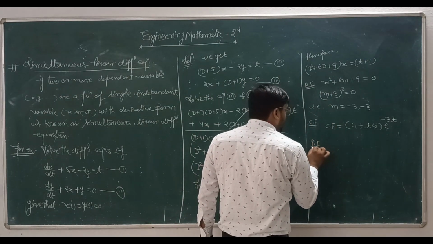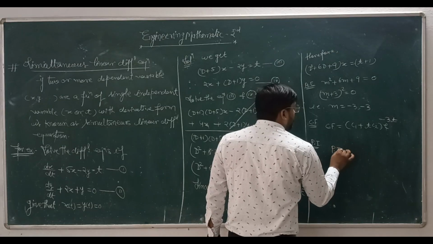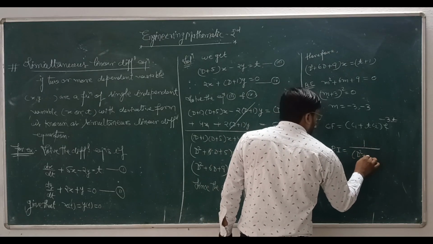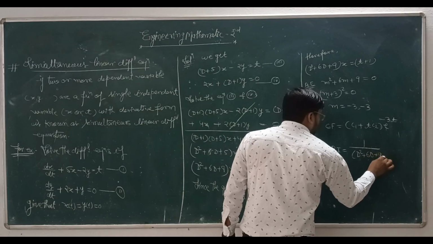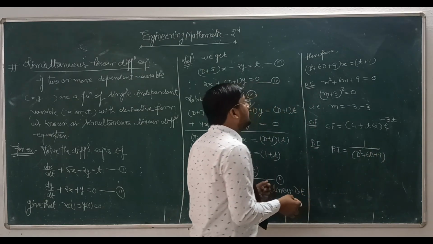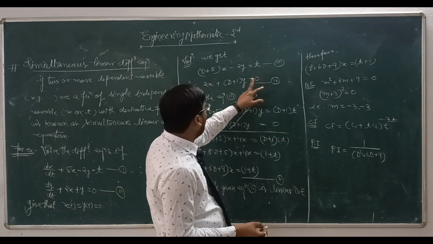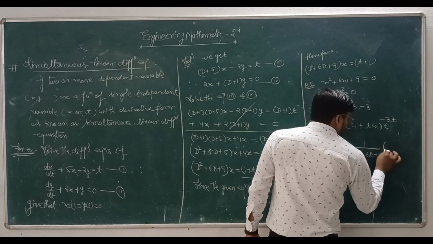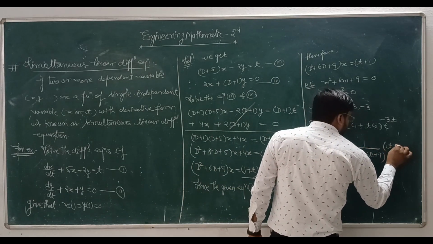Now you can write the PI, which means particular integral. PI is equal to 1 upon (D square plus 6D plus 9) into (t plus 1).